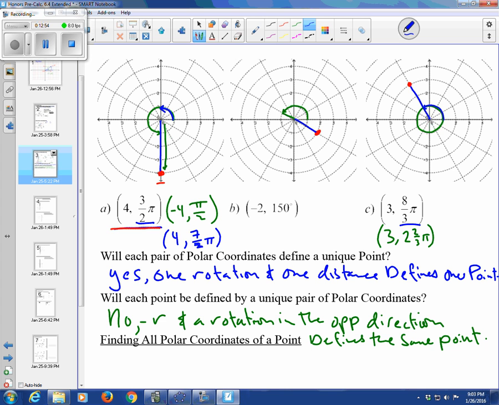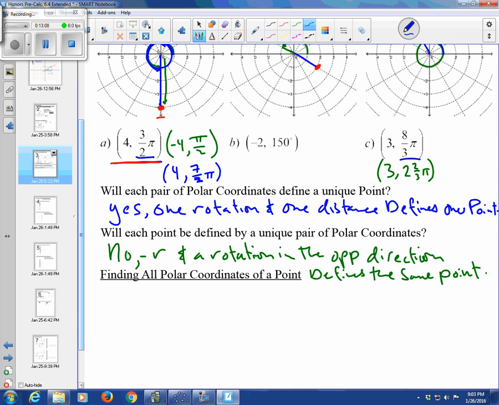And that pair of polar coordinates would also take me to the same point. It would be a full rotation around and then back 3/2 pi again, in that same direction, which takes me to that same point. So also any coterminal angle.